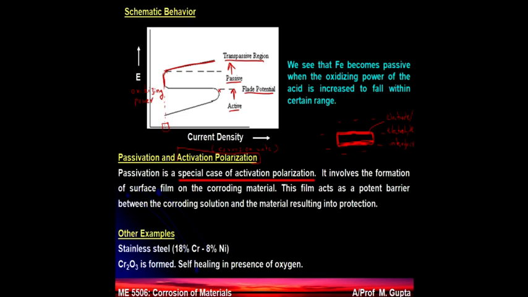So if you do anything to that surface layer, then you lose the passivity. And the same thing is true for stainless steels also. So as I say here, it's self-healing in the presence of oxygen. So that is a key word.